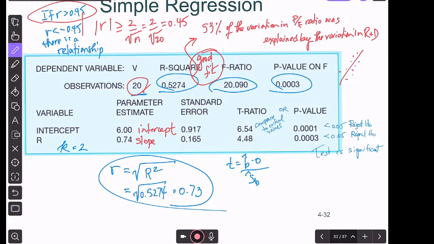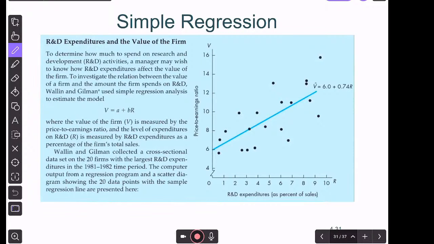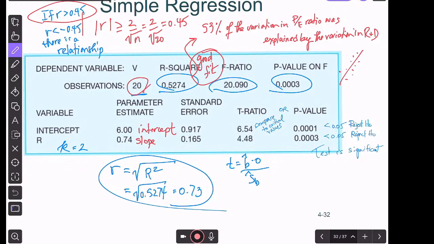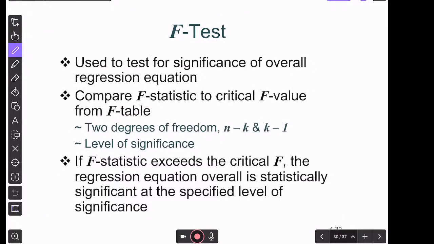Right, well actually let's go back to the graph. So that's what it's showing. So the fit is good, and the slope is significant, and the intercept is significant. And so what's next? Oh, the F. So those are the most important things.